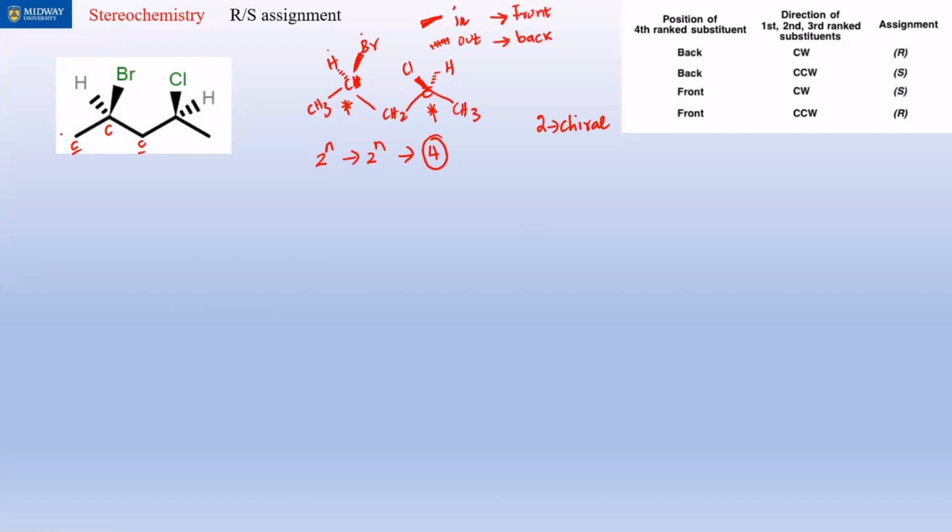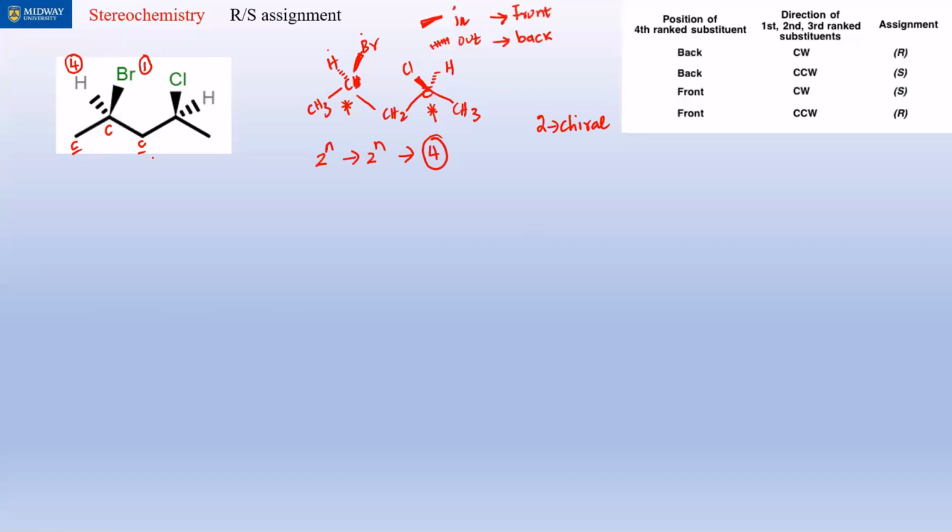This is only attached to 3 hydrogens. This is not only attached to a hydrogen, but it's attached to this whole big group. But first point of contact in that context, this will be 1, right? Because CBr has the highest atomic number. Hydrogen is the smallest. We already established that.